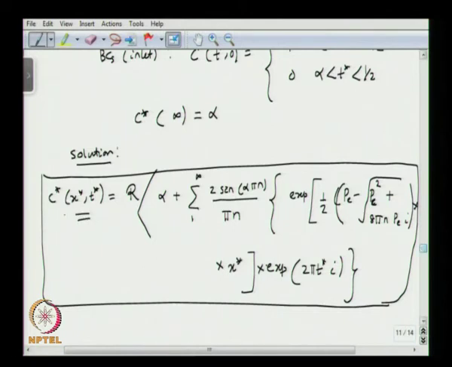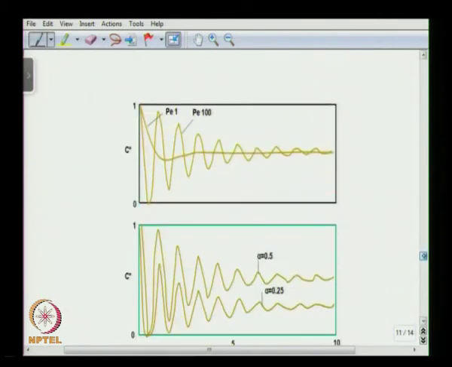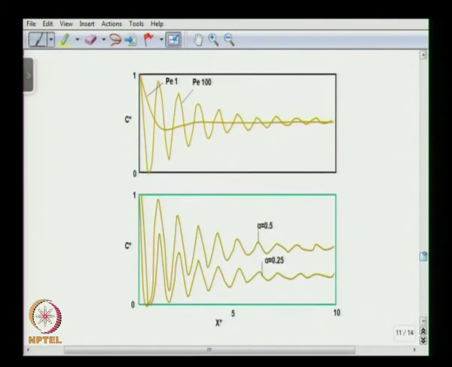Now if you plot C star with respect to X star along the mixing length, you compare two cases: in one case Peclet number is 1, the other case Peclet number is 100. At a low Peclet number, since diffusion is more dominant, the final concentration is going to be attained pretty quickly.